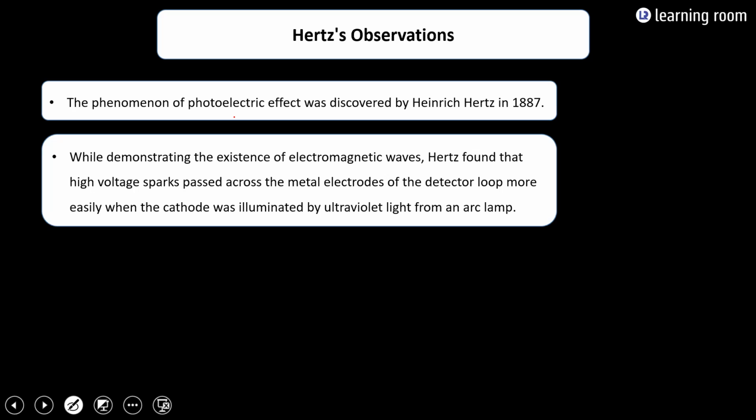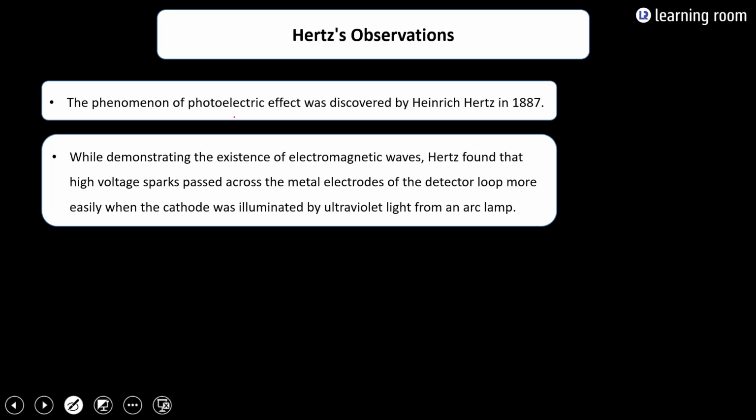When the cathode was illuminated by ultraviolet light from an arc lamp, he started observing these high voltage sparks. But at that point, the explanation was not given.